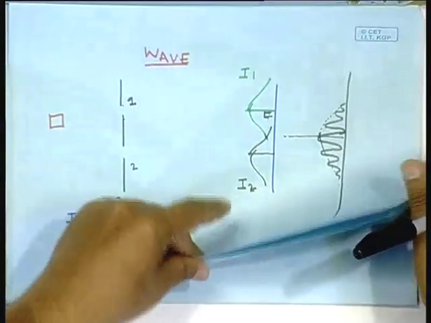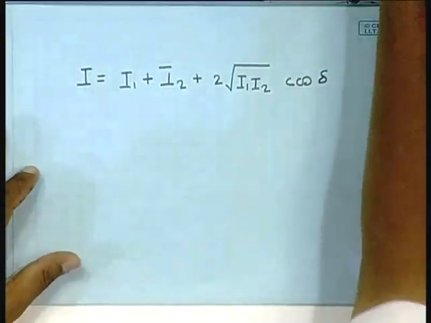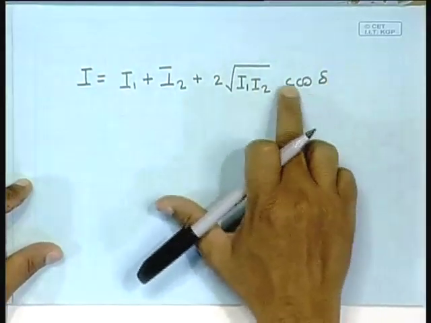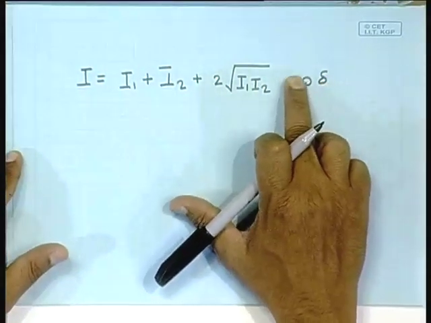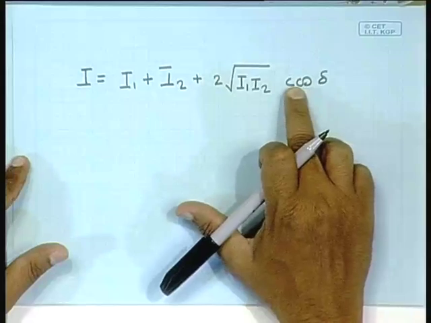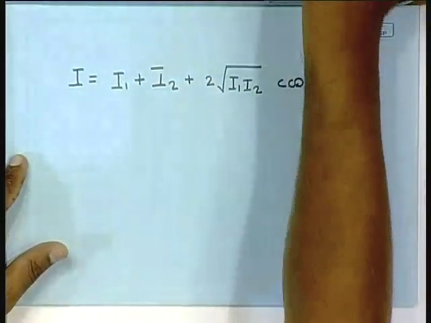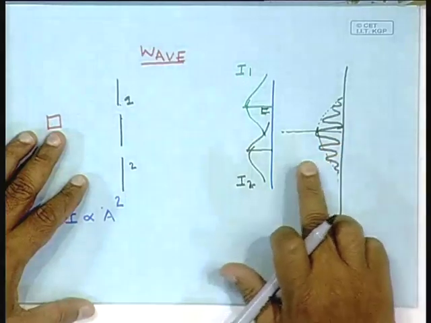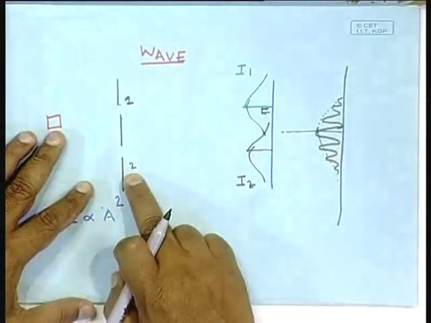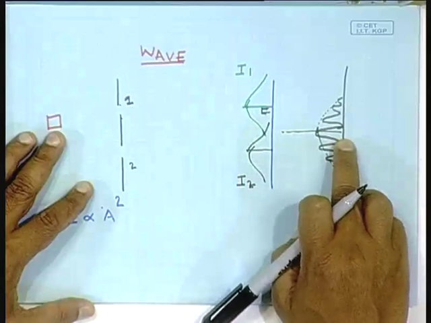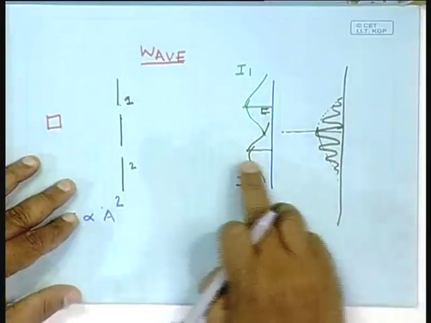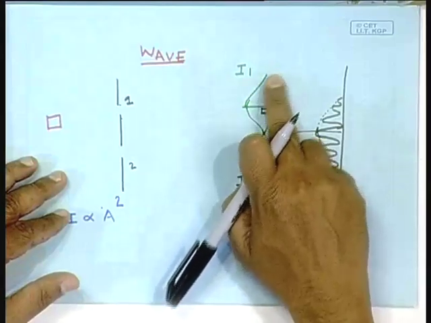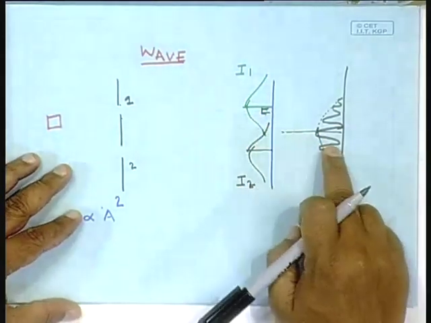So, let me write this down quantitatively. It is this term with cos delta, the phase difference, that gives rise to the interference pattern. The big difference is that when I open both slits, at certain points the intensity becomes more than what I would get if I were to add up I1 and I2, but at certain points it becomes less.